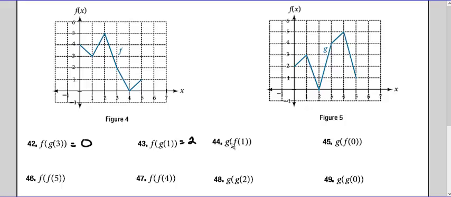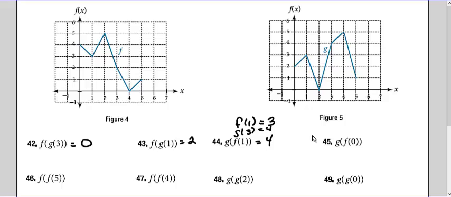Okay, next one is g of f of 1. So we do f first. So f of 1 is 3. g of 3 is 4. So f of 1 is 3, right? f of 1 is 3, and then g of 3 is 4.